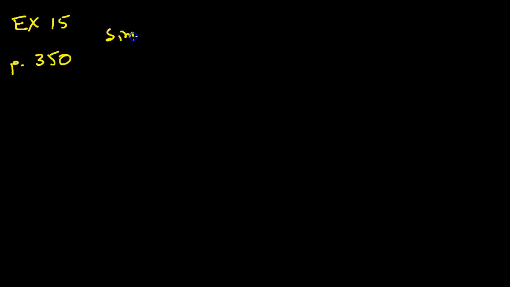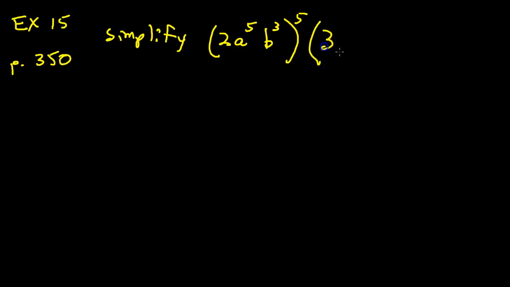We are asked to simplify the following expression: 2a to the fifth b cubed, raised to the fifth power, times 3a squared b.